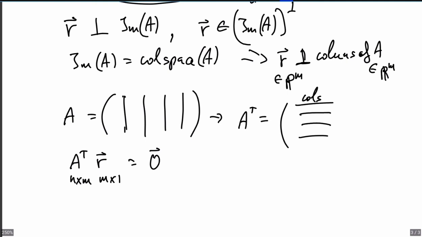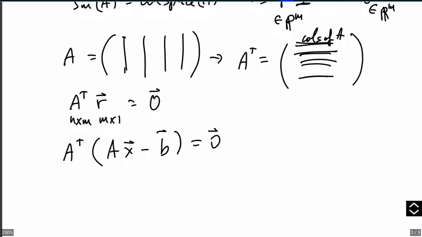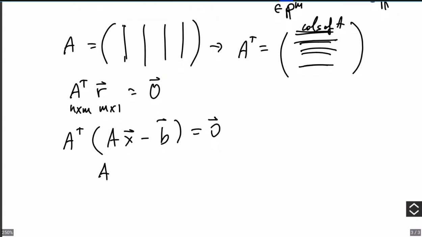These are the columns of A as row vectors, and all these columns are supposed to be perpendicular to r, so when we multiply the residual, we get 0. If you write this out, you multiply A transpose (Ax minus b), and that's supposed to be the 0 vector. We can rearrange it and get that A transpose A x equals A transpose b.